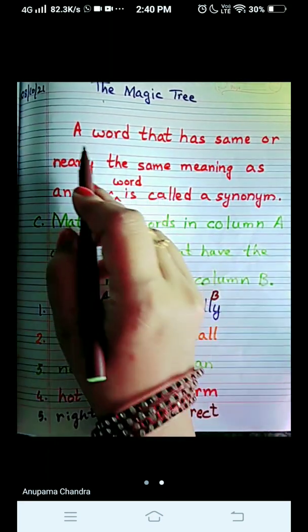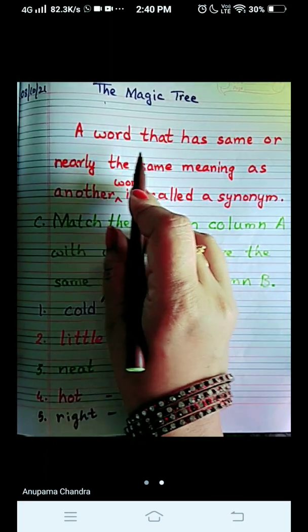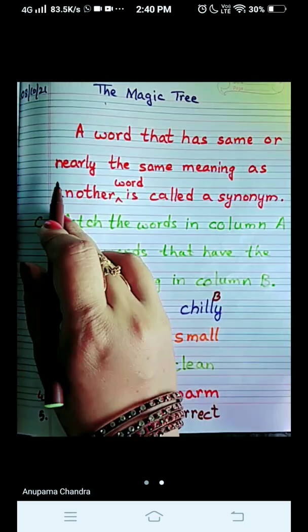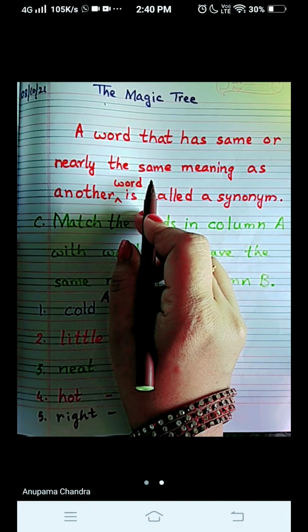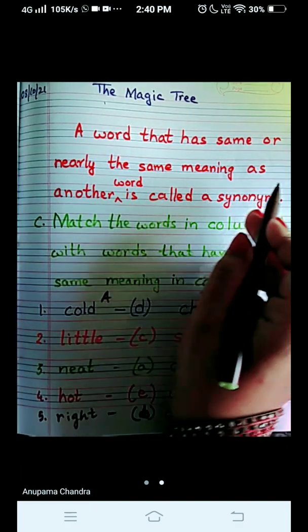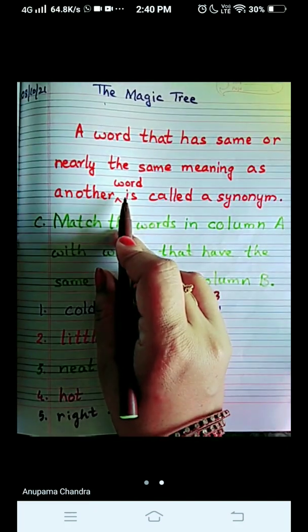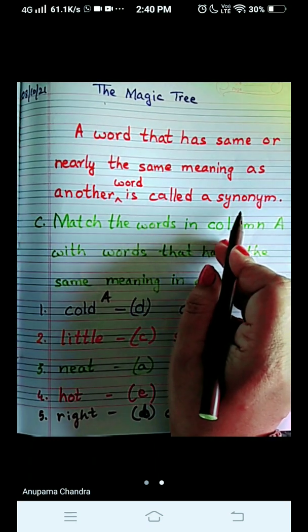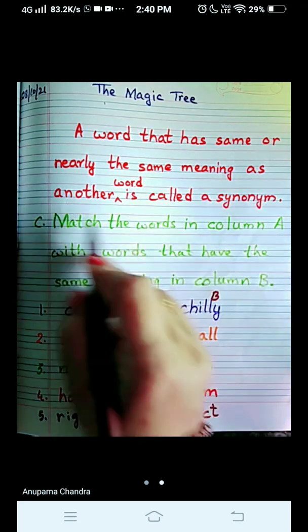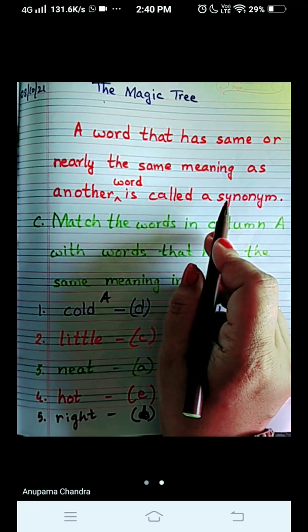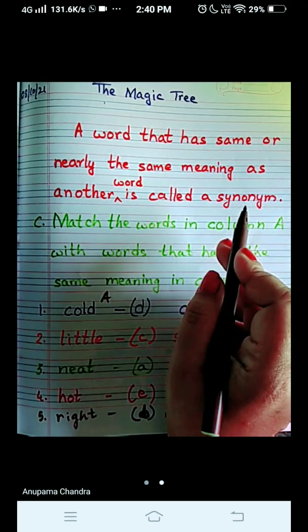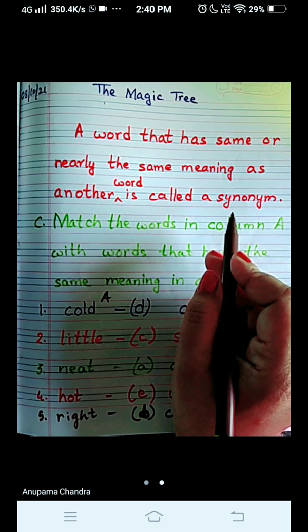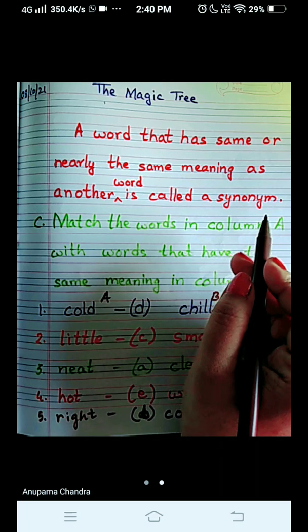Once again, children, a word that has same or nearly the same meaning as another word is called a synonym. And remember, children, you don't have to learn the definition. It is only there for your reference. Okay? Read it twice or thrice. It will be there in your mind. No need to learn it.